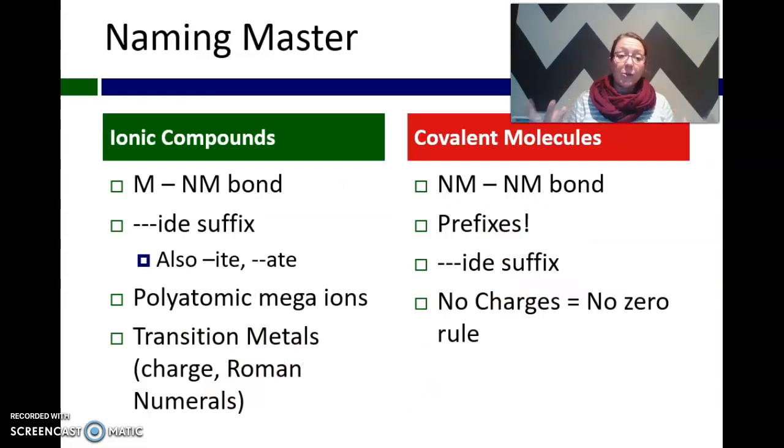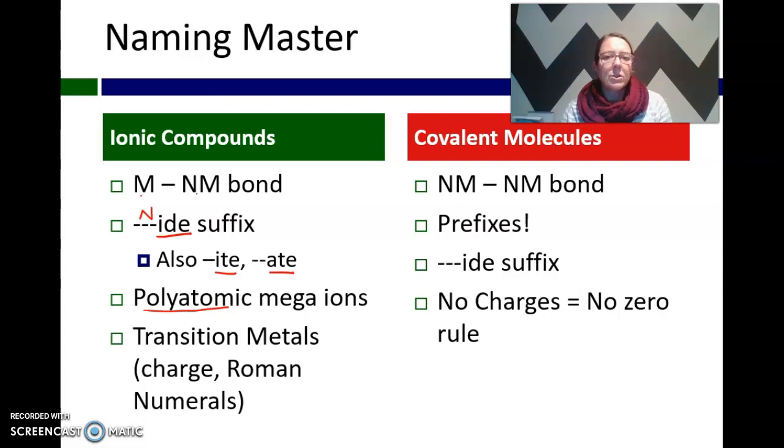Here are the critical differences between the two types of formulas and naming that we will be doing. So we did ionic compounds, that's between a metal and a nonmetal. There is an -ide suffix, but remember with those big polyatomic ions like nitrate, they can have different endings, or nitrite, or just if it's a single nitrogen, it's nitride.